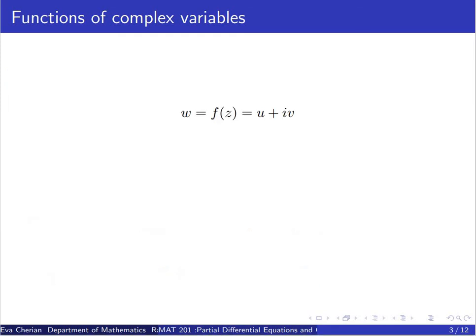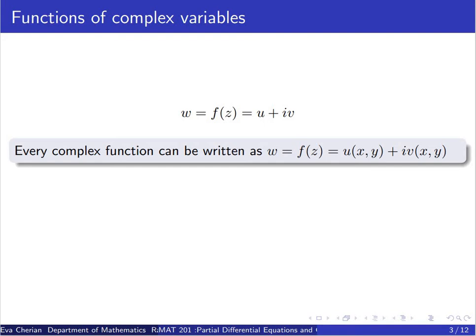Let's look at a property of complex functions. Let's say we have a function f of z. f of z is a complex number w, which we can write as u plus iv, where u and v are real numbers. Then as z is equal to x plus iy, z depends on x and y.